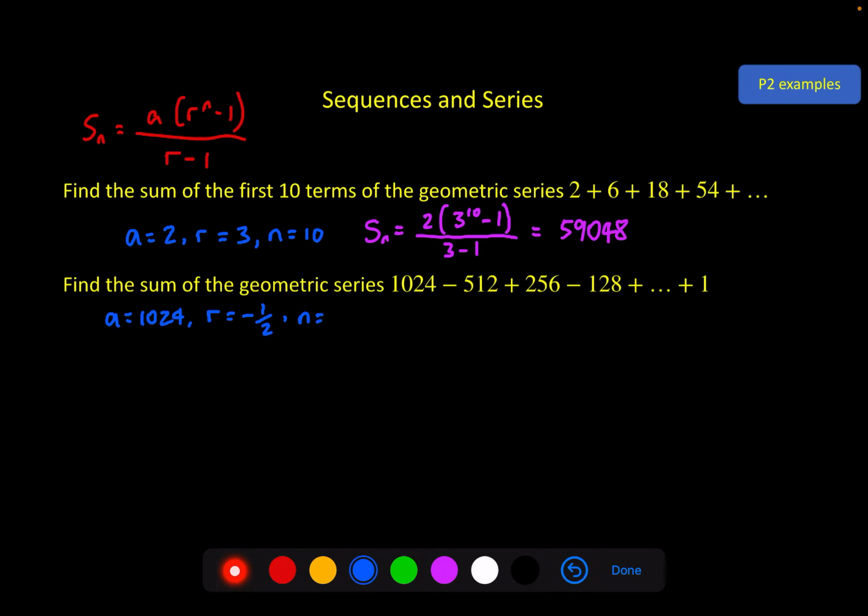Now the difference here is that n is not entirely easy to see. However, because of the sequence, you can just figure this out by putting the numbers in. So going from 1 to 1024, if I multiply by 2, and then I get 4, that's 3, 4, 5, 6, 7, 8, 9, 10, 11.